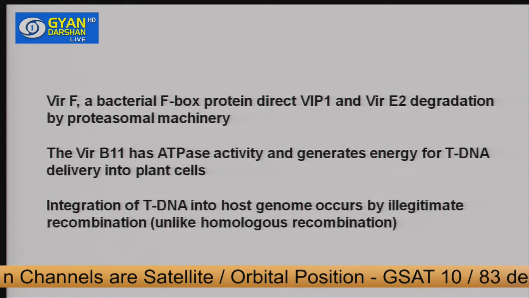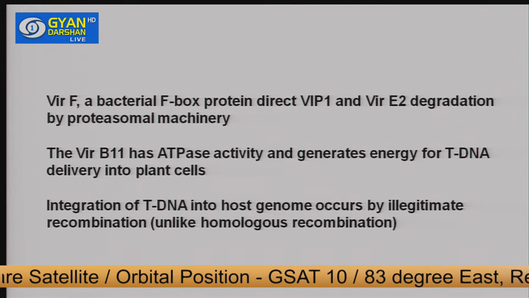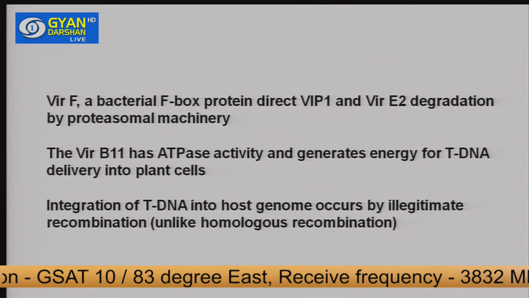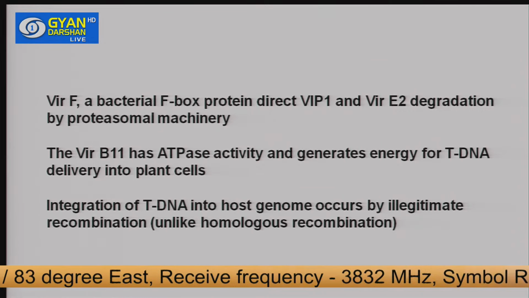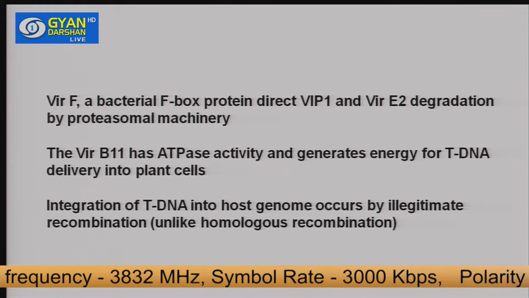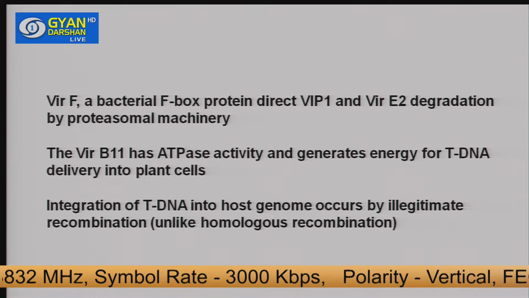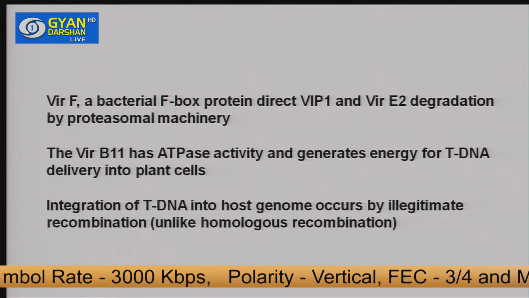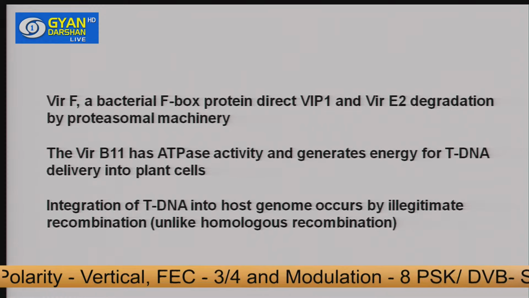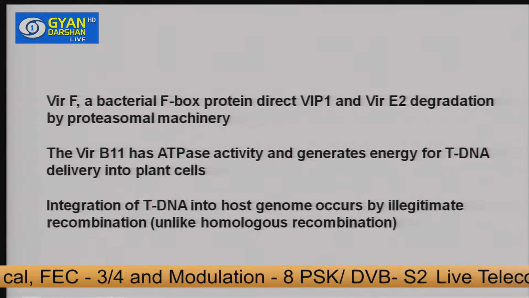Another VIR gene, that is VIRF, is a bacterial F-box protein, and it helps in VIP1 and VE2 degradation by proteasomal machinery. So this is almost towards the end where VIRF actually works. Once the tDNA region has entered into the nucleus and is going to be integrated into the nuclear genome, there is no further requirement for these VIR proteins.